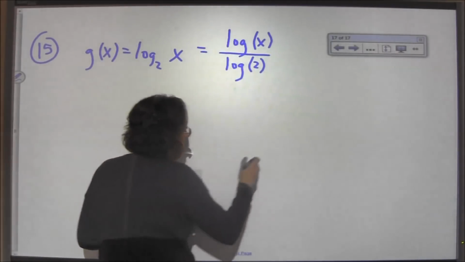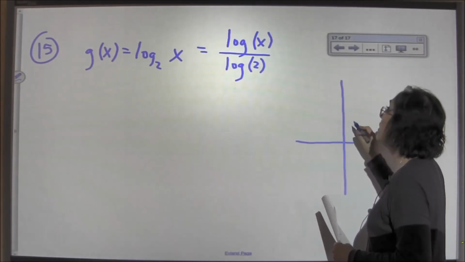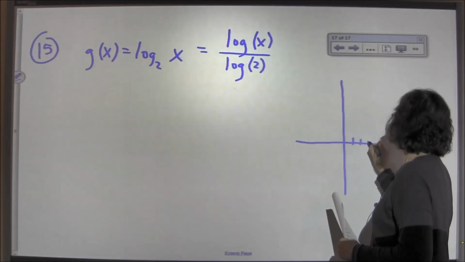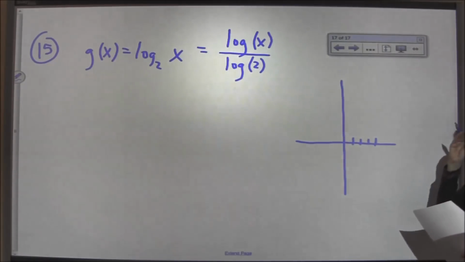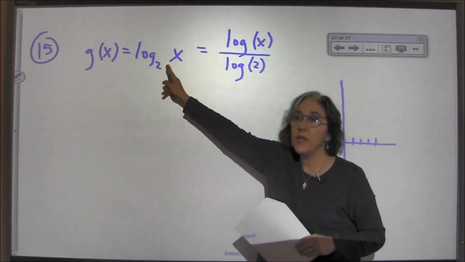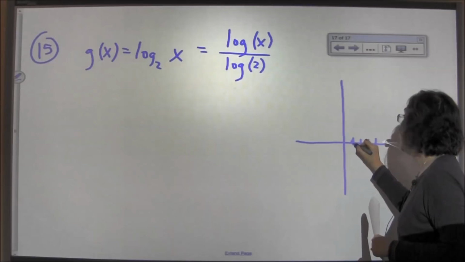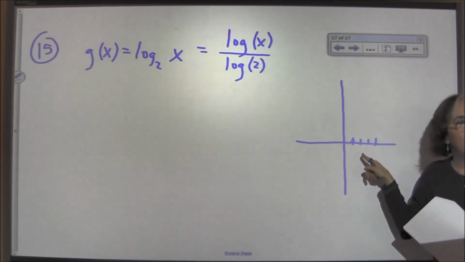And so what that one's going to look like, this one's not too bad for us to actually figure out some points without going to the calculator, because it's 2. So I'm going to think of powers of 2 here. Your basic logarithms cross the x-axis at 1.